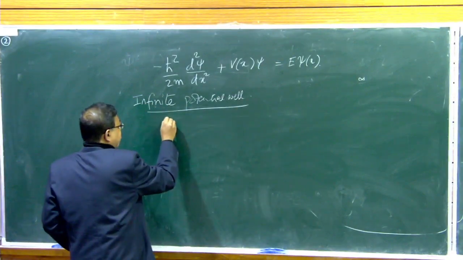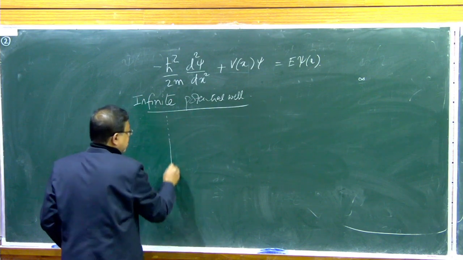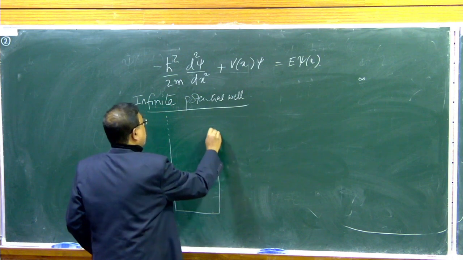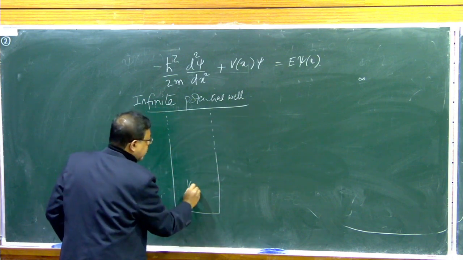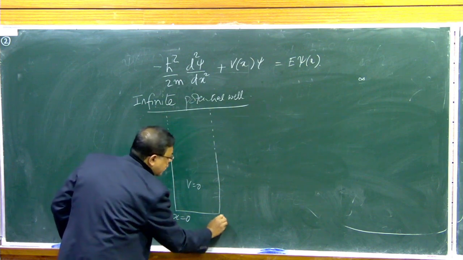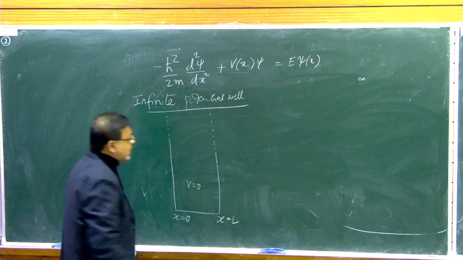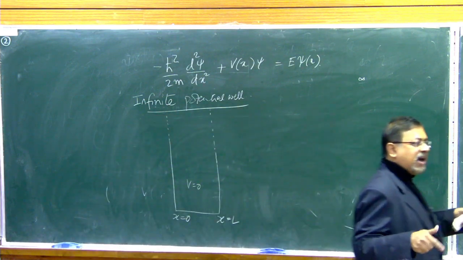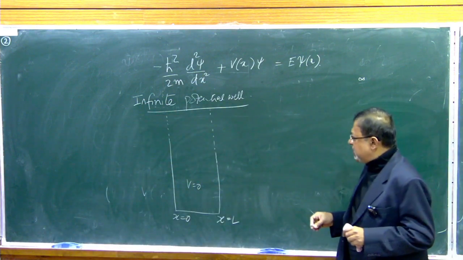So, what is an infinite potential well? This is a potential well, okay. So V is equal to 0 here. Say the well extends from x equal to 0 to x equal to some L, where L is the length of the box. This is an infinite potential well, a one dimensional system.